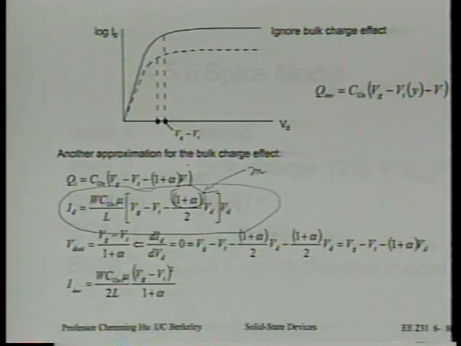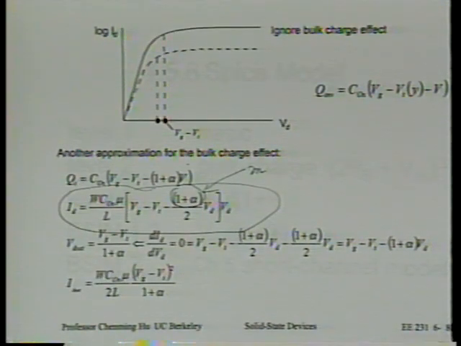You would have included that effect, or you can call that backgate effect, and I think it's even a superior model, not only in terms of simplicity, but in fact in terms of accuracy compared to that 3/2 power term, because the 3/2 power term assumes a uniform doping, right?